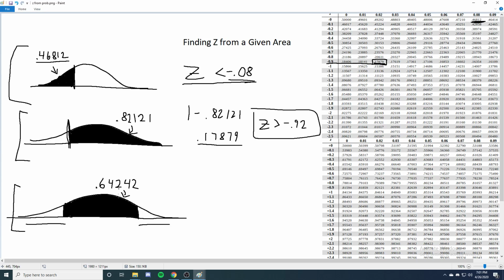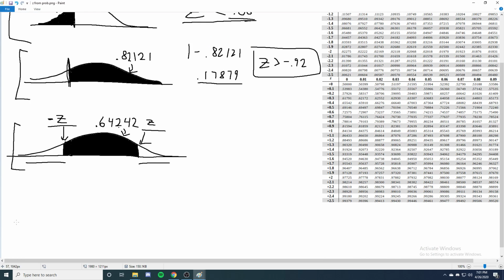We need to find this z-value and this z-value. Over here the z is going to be negative, and over here it's going to be positive, but they're going to be the same number because it's symmetrical. So if we can find this z-value, then we've really found this one as well.